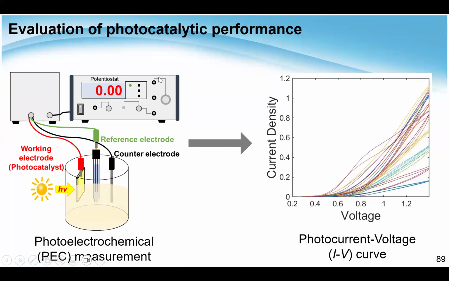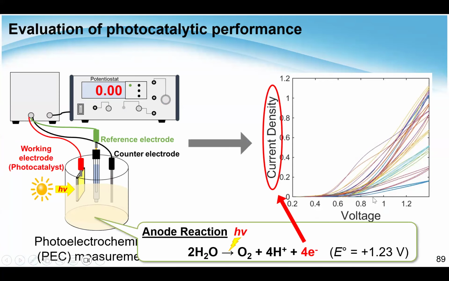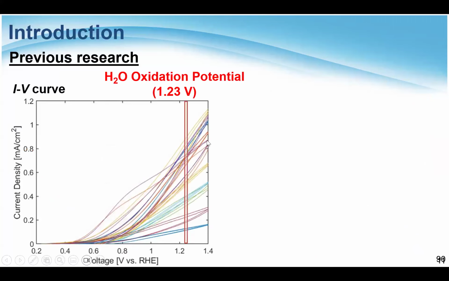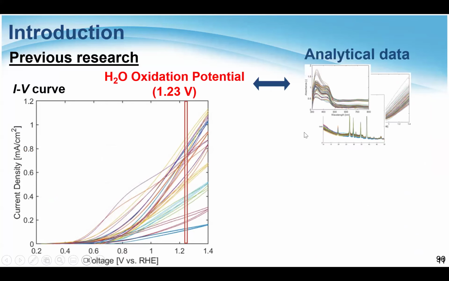As you know, the photocatalytic performance is evaluated by the PEC performance during light irradiation. Photocurrent is measured. This is a photocurrent-voltage curve. And this current corresponds to the photocurrent during the water oxidation process at 1.23 volt. And in the previous research, I showed you the photocurrent at 1.23 volt was predicted by a combination of the analytical data.